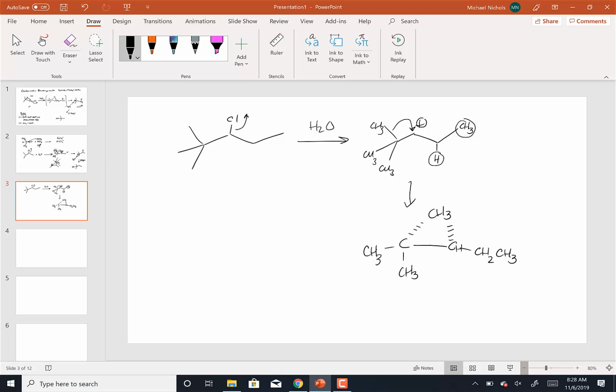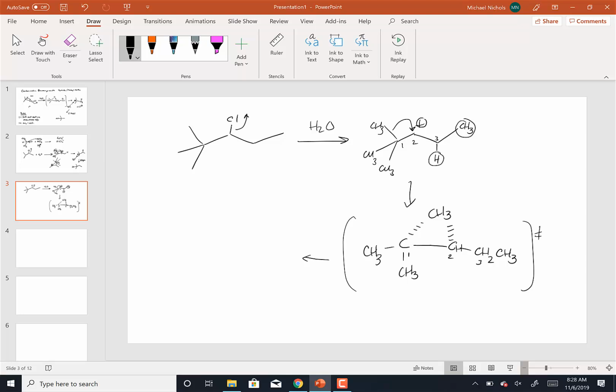So if I'm numbering these, let's call this 1, 2, 3. So this is 1, 2, and 3. So the methyl group is going to shift from what was a quaternary carbon. It's going to shift over to where the carbocation was.